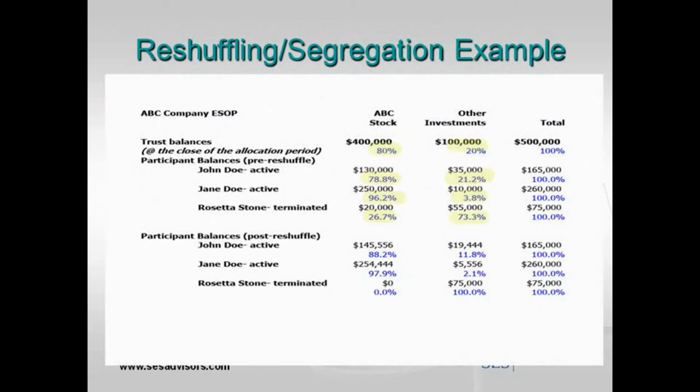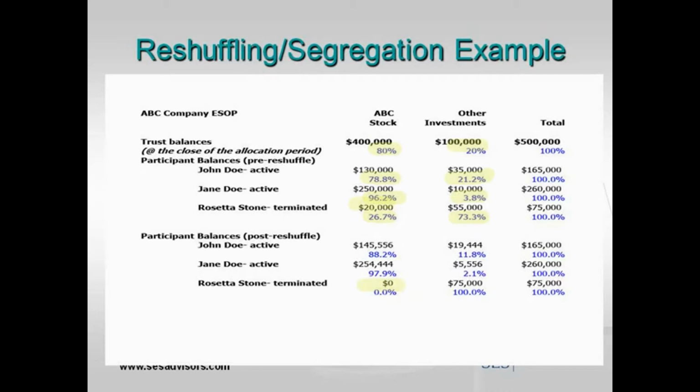But this time, instead of giving everyone an equal proportion, we are converting Rosetta Stone, the terminated participant's account balance, and what we're doing is we're repurchasing all of the employer securities in the account. So the $20,000 she had in employer securities is going away, and it's being replaced by other investments.